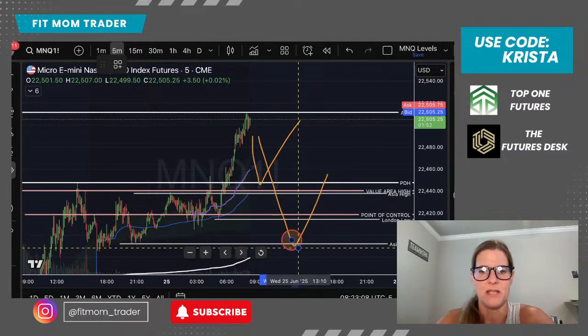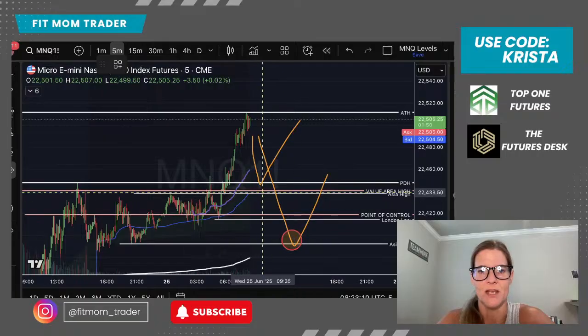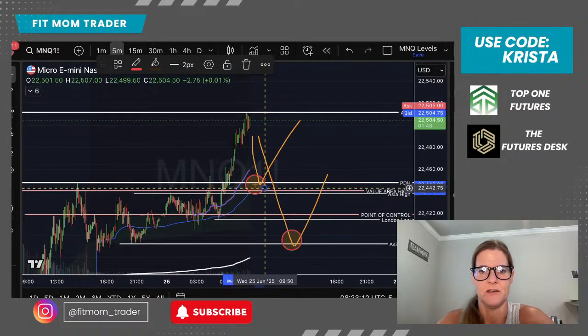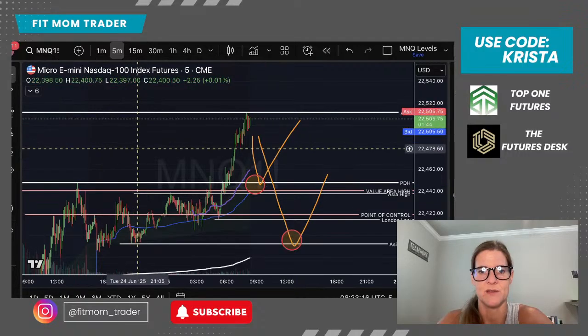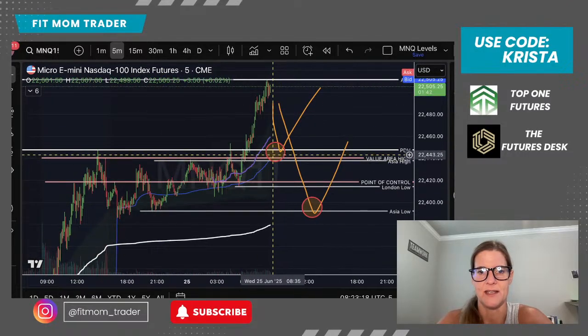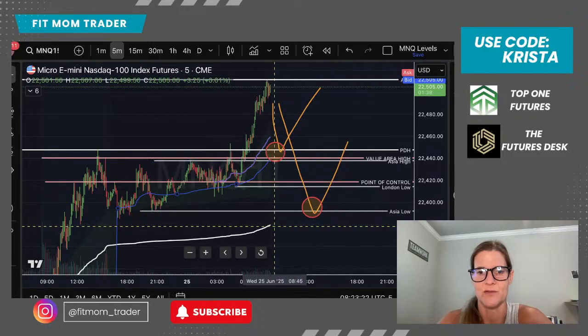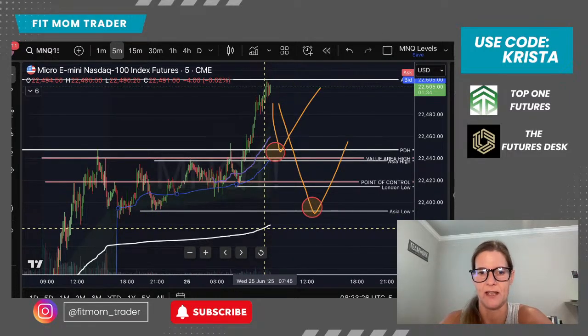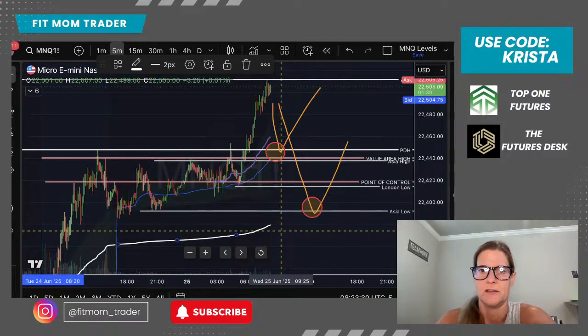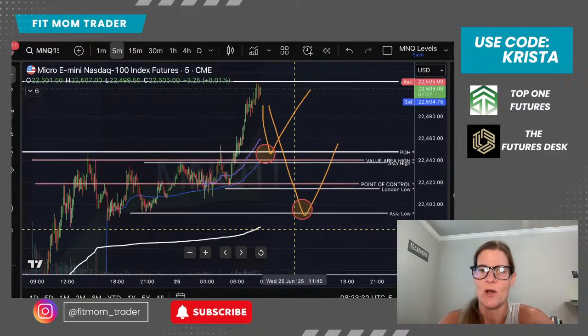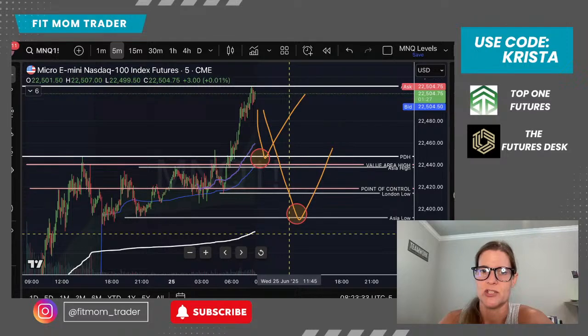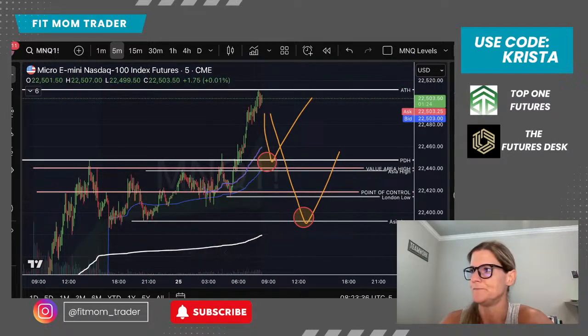So maybe here, and then maybe here, because both of those spots have pretty good confluences as well. This spot is the overnight session VWAP, and this spot is right around the previous day VWAP. This is from Tuesday. So that's how I'm going to approach today: look for a pullback to enter long.